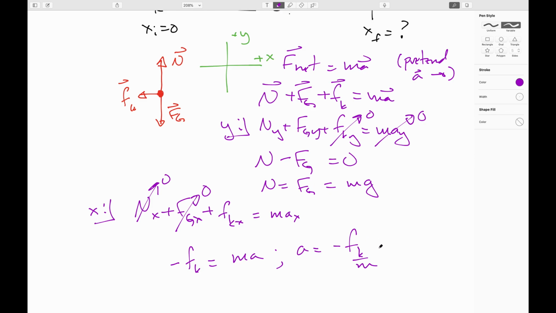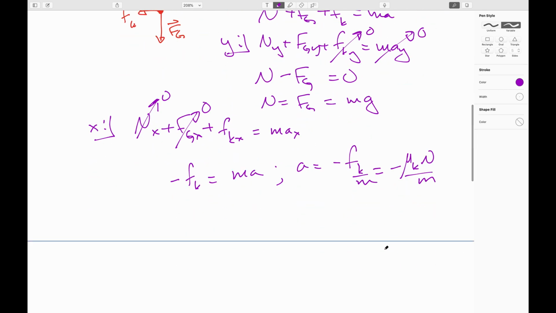It sounds like all might be lost until we remember that our model of friction is that this will be minus mu_k times the normal force over m. So we can plug in here. a is minus mu_k times the normal force, which we worked out was mg, over m. Cancel, cancel.